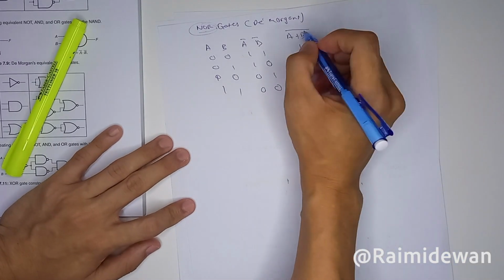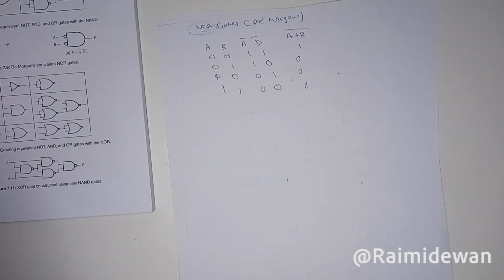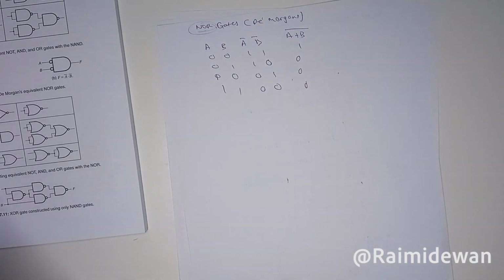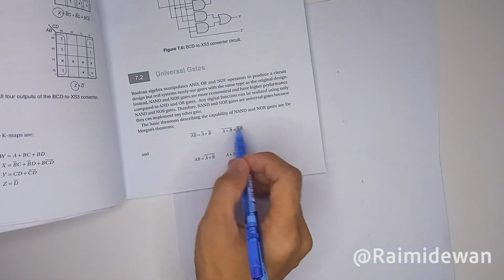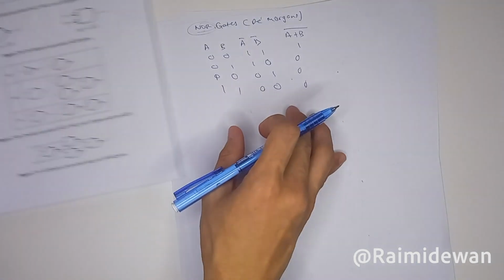Then after that, from here, for De Morgan's theorem, for (A plus B) bar here, this is equivalent to A bar B bar.